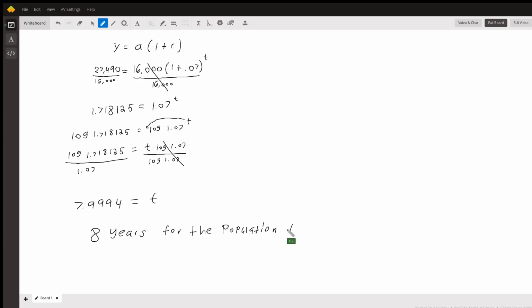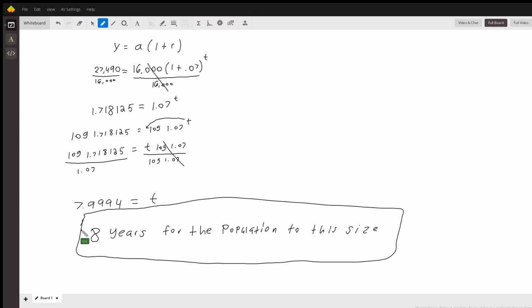Like I said, if the question asks you to round differently, make sure to round that way. But 7.999473713 is very close to 8 years, so 8 years should be an acceptable answer, but do what your assignment says. So it takes 8 years for the population to become this large.